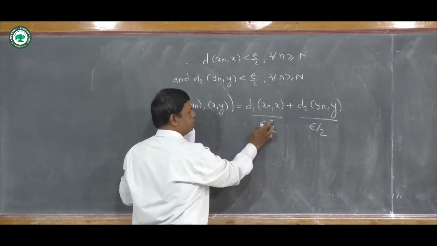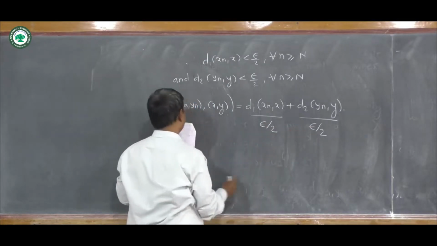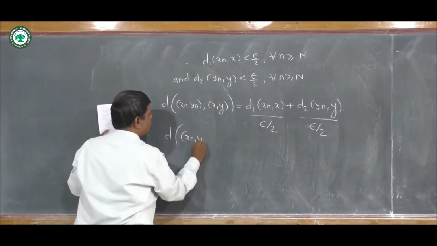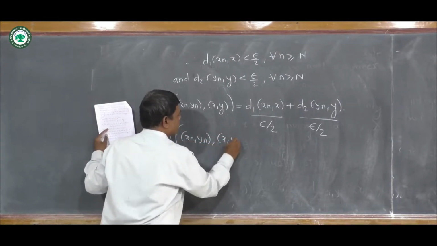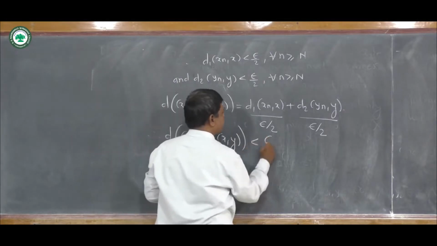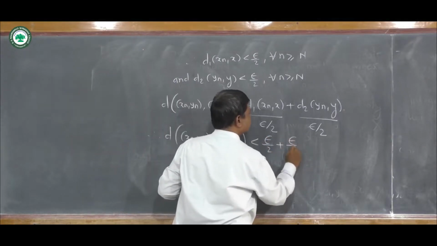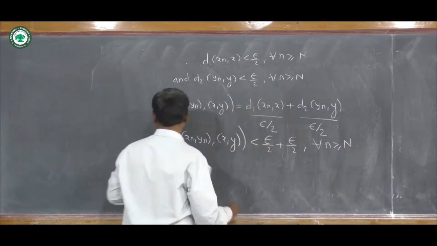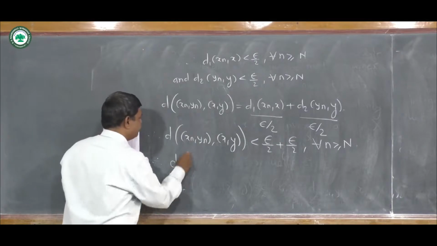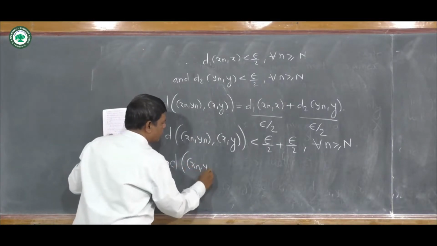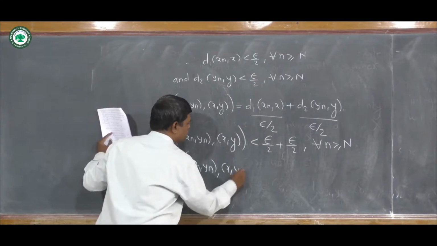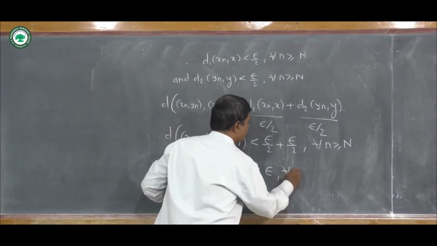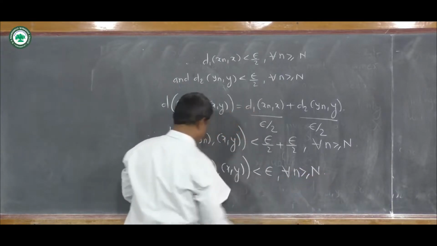So that's why we have taken epsilon by 2 and epsilon by 2. Therefore d of (xn comma yn) comma (x comma y), that is this ordered pair, is less than epsilon by 2 plus epsilon by 2, so it is less than epsilon for all n greater than or equal to n.